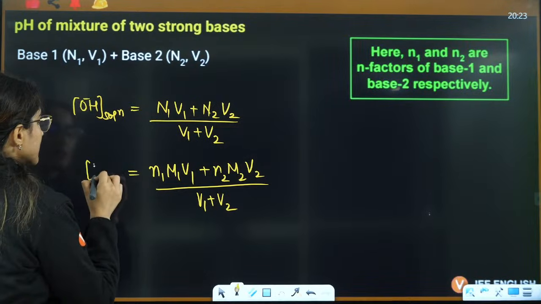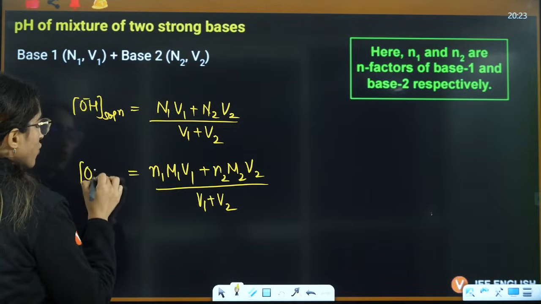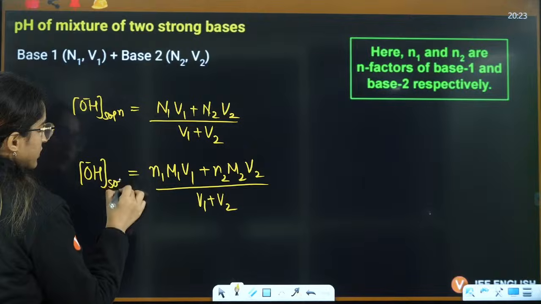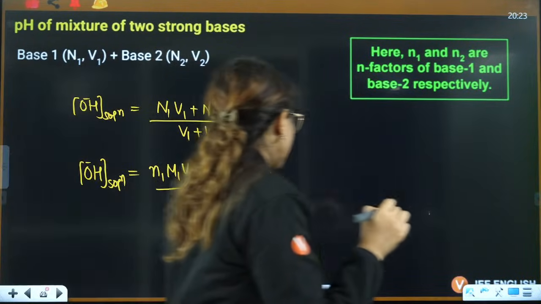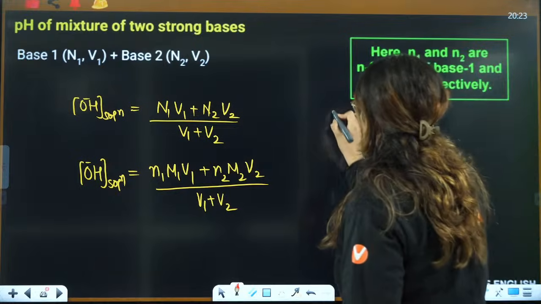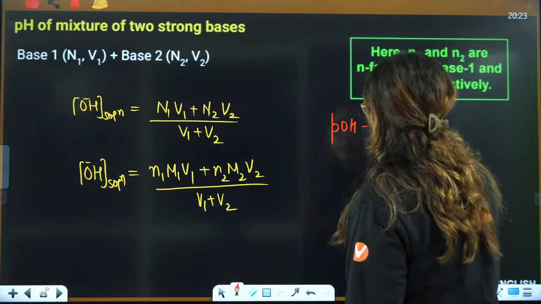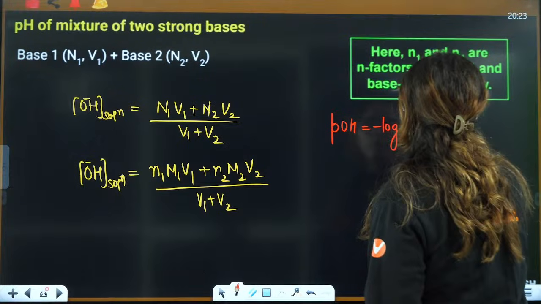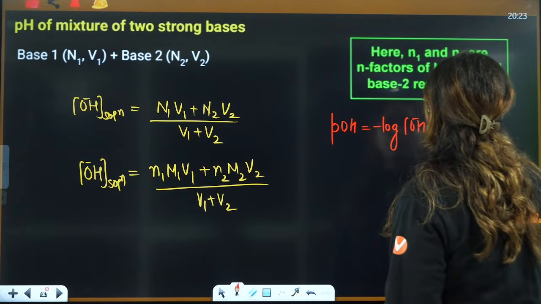But remember that this is OH negative they are talking about, not H positive. So you'll calculate the value of OH, then pOH is minus log of OH negative of the solution.